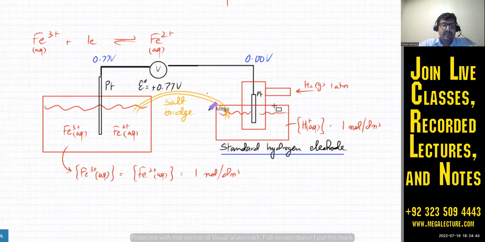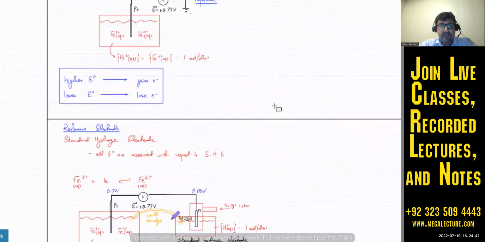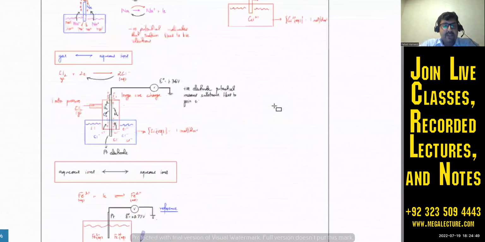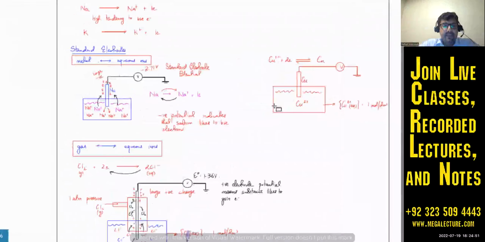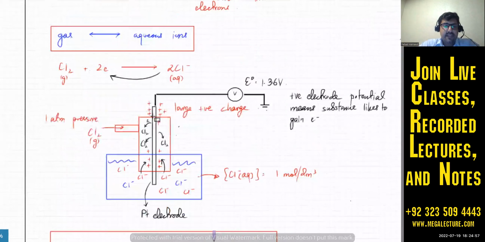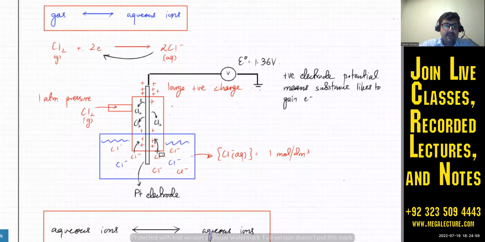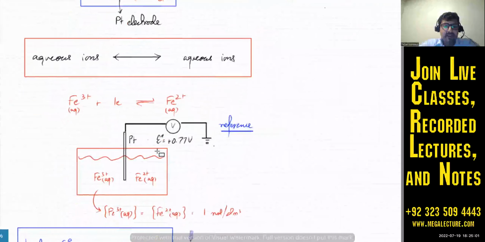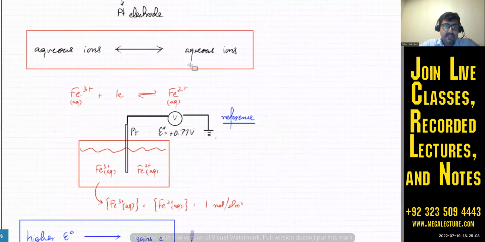So stick to this. This is the complete diagram that you're going to draw for any electrode. Remember, there are 3 types of electrodes. All the equations in the data booklet can fit one of them. It's either a metal with its aqueous ions, or it's a gas in equilibrium with aqueous ions, or you'll have electrodes that only have aqueous ions in them.